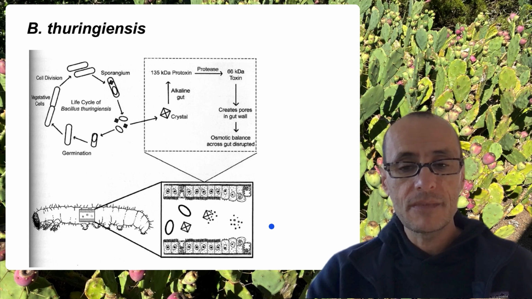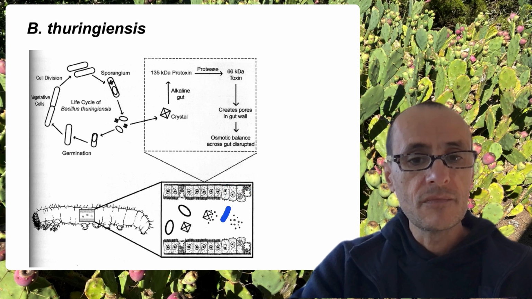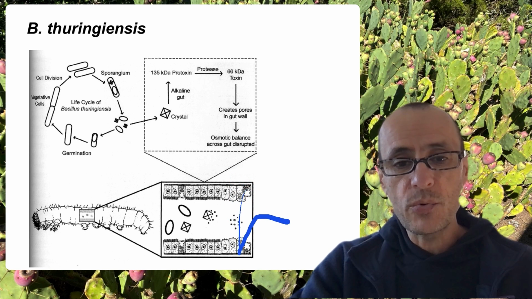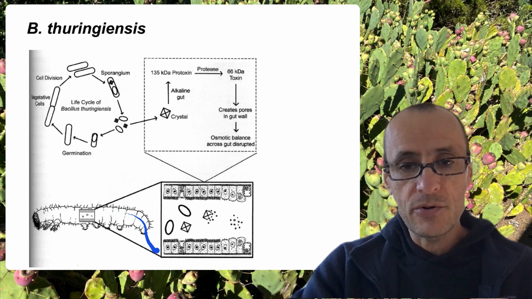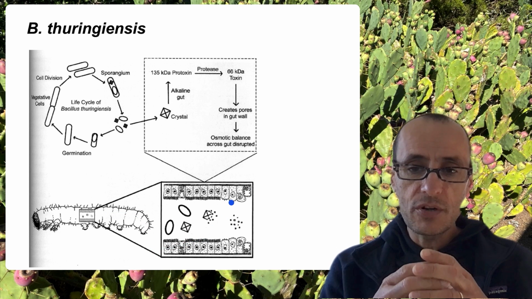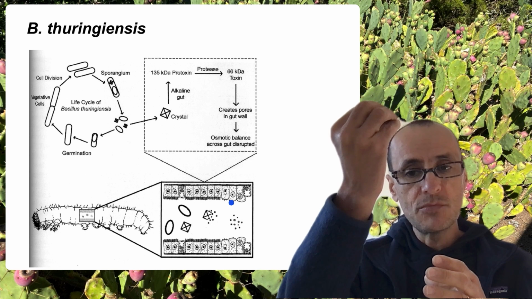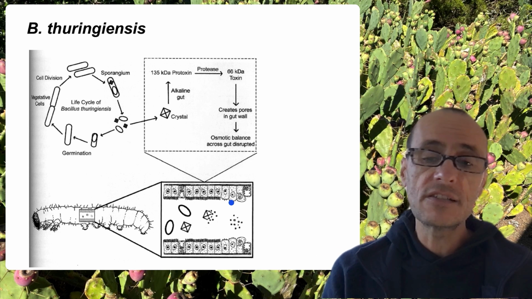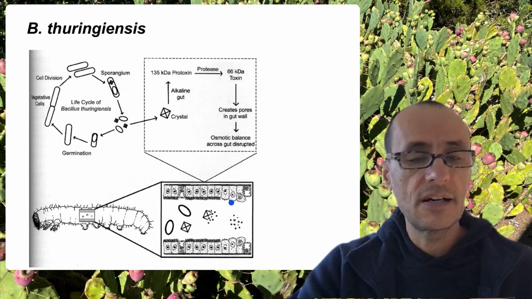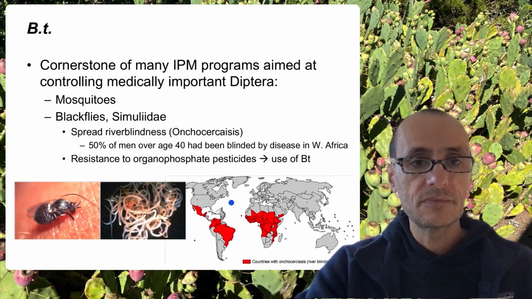And by doing so, the insects basically begin to lose liquids and have a massive bout of diarrhea, which basically kills them. These open sodium-potassium channels also create conduits for pathogens to move into the hemolymph, and that's another way that insects can die, is through these secondary infections.